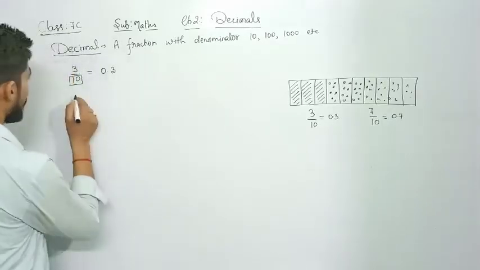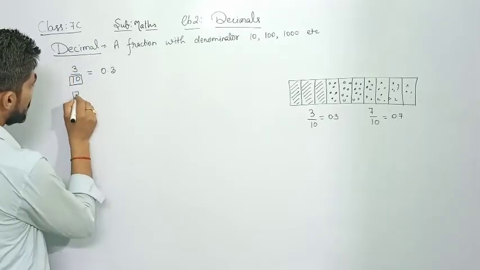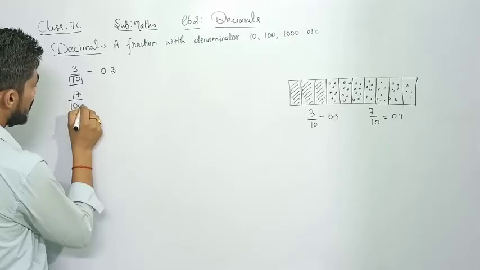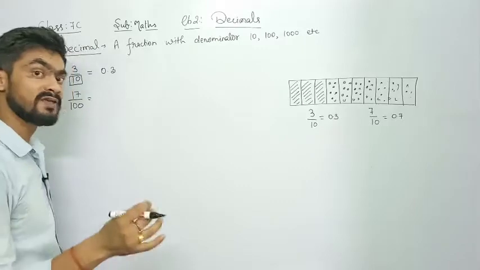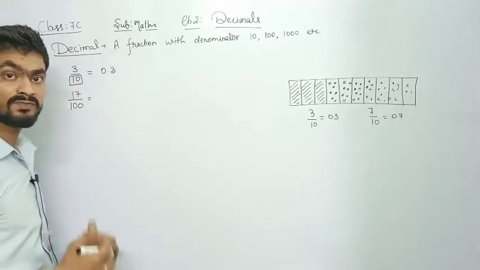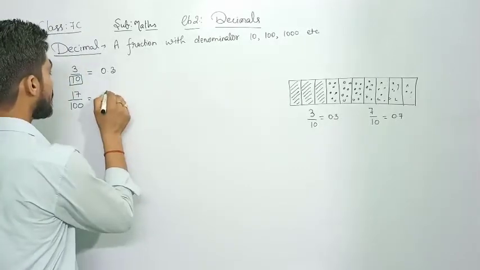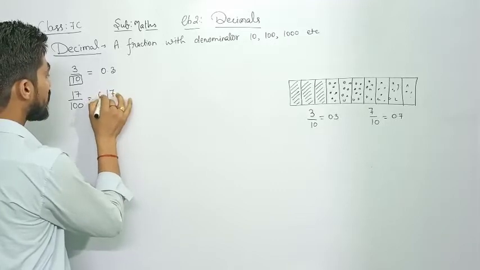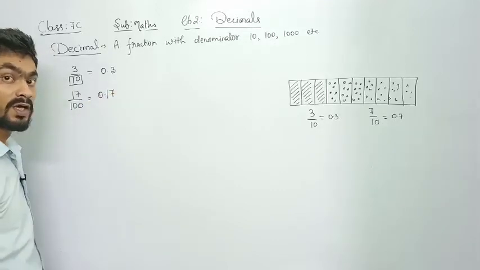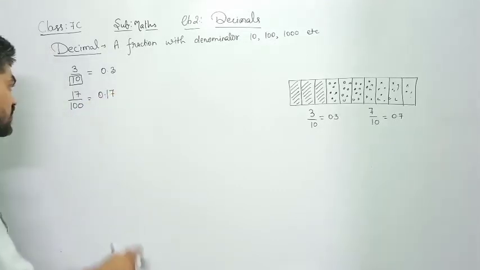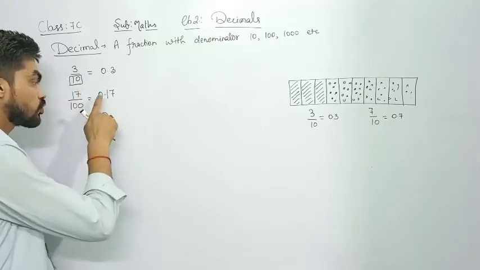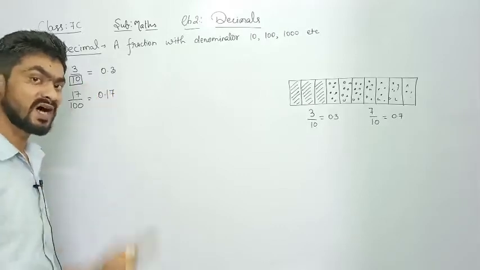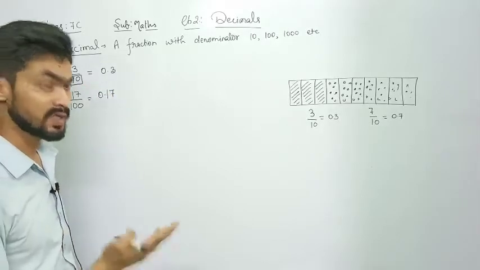For example, if I write 17 by 100, it means out of a box of 100 equal divisions, 17 parts we have considered. So that can be written as 0.17. You will say, sir, how? See my dear children, after 1 we have 2 zeros, so the decimal should also have 2 digits to the right of it.